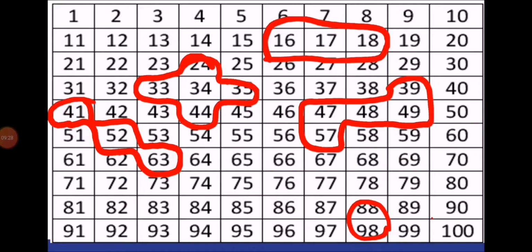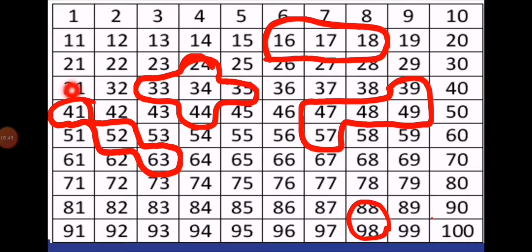Put 41 in your mind and count on your fingers. 41, 42, 43, 44, 45, 46, 47, 48, 49, 50, 51, 52. Yes, it's 11.